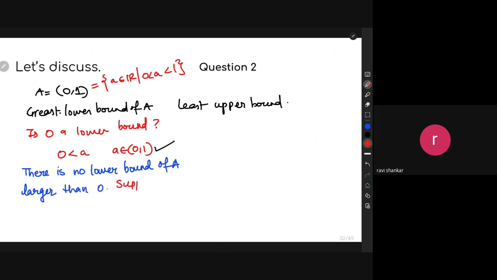Suppose there is. I want to prove this part, the part which is written in blue, and I am assuming the negation of that.